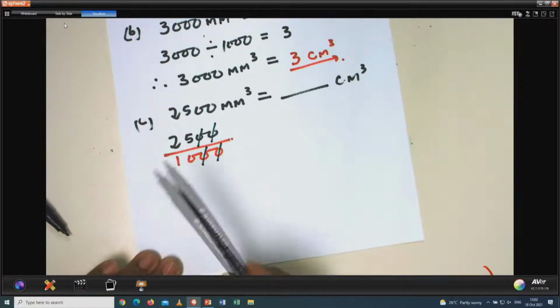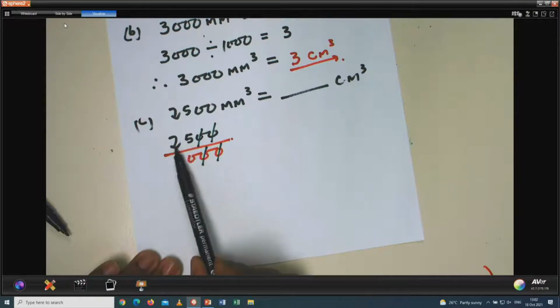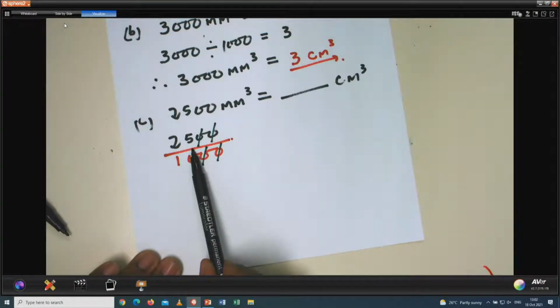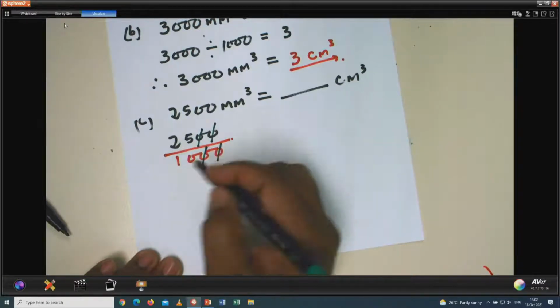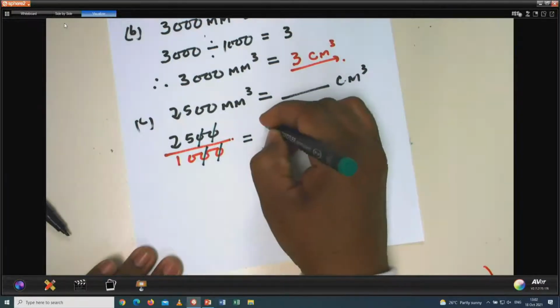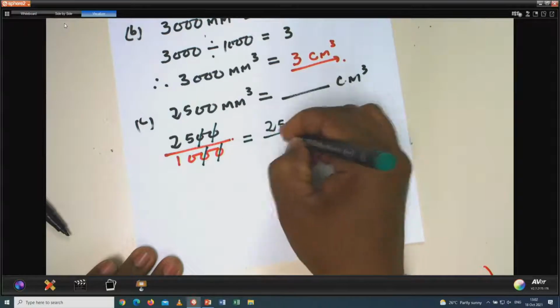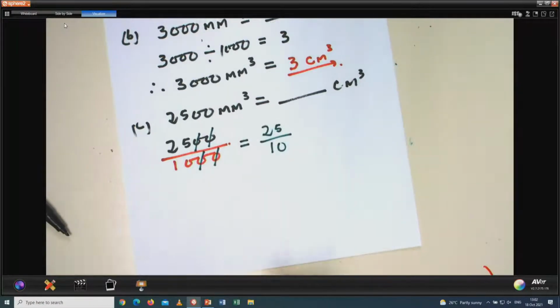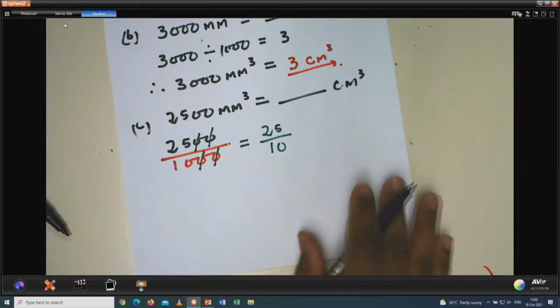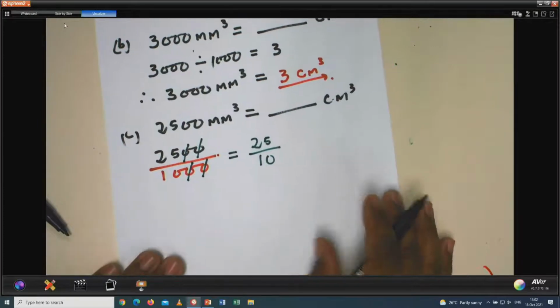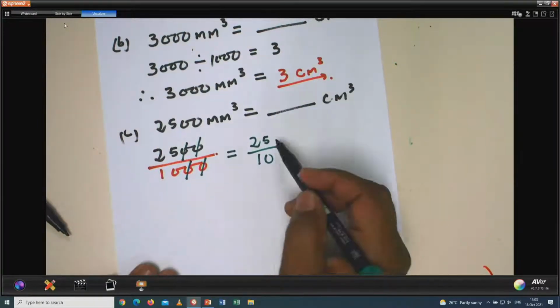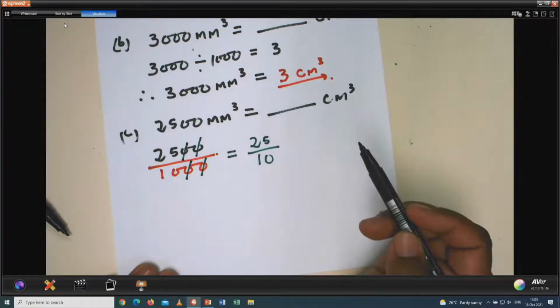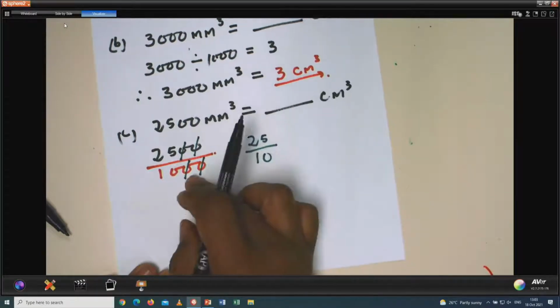Now look, I'm left with 25 divided by 10. Let me rewrite it here. We have simplified this. Simplification is important in mathematics. Now we have reduced the value of that number. Now it's 25 out of 10, but they are equivalent.